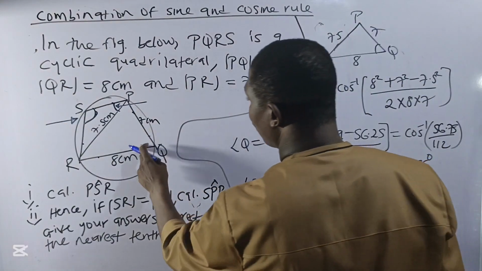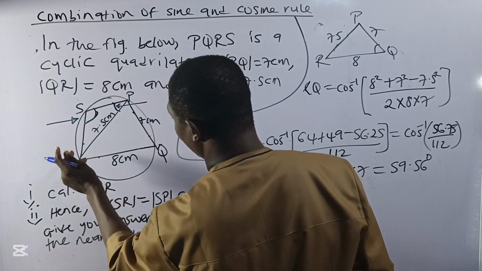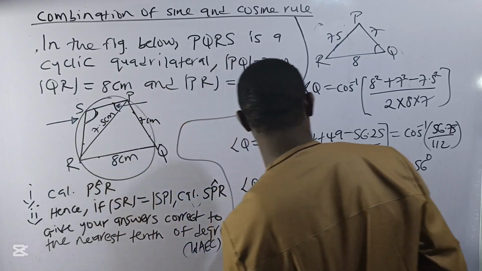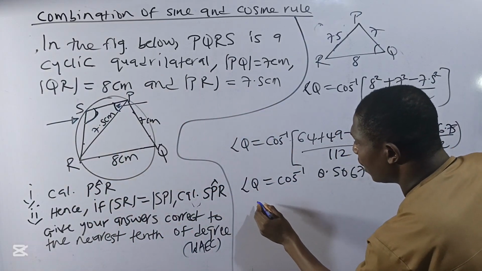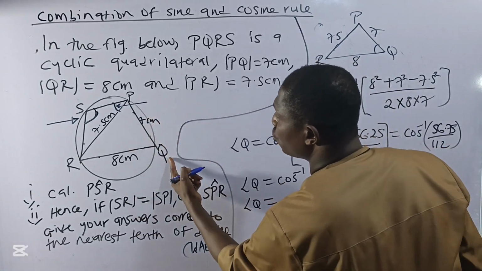But it didn't ask me to look for angle Q. They said to look for PSR. So we can simply say this angle Q is equal to PQR.